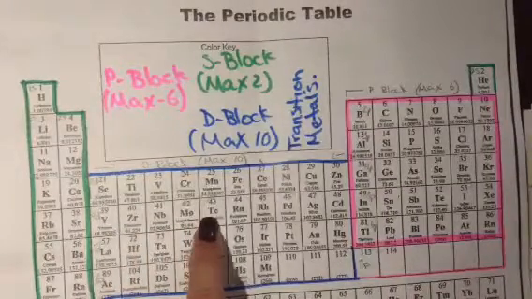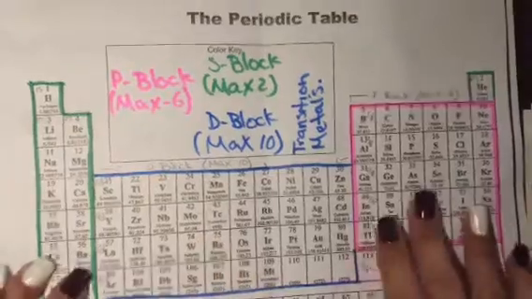We stop at the fifth one because that's the element we are trying to show. And then you're done. That's it. No more writing all that long stuff. All you have to do is start at the last noble gas above it.